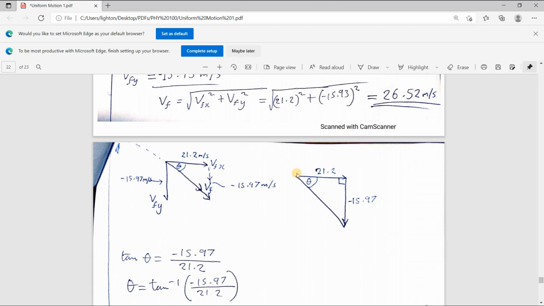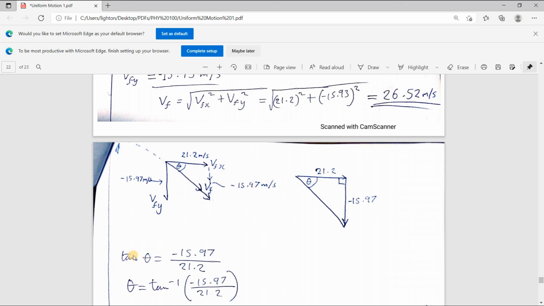This is the hypotenuse, this is the adjacent, this is the opposite, but we want this angle, which will show us the direction at impact. So now to find this angle, we are going to use tan theta using SOHCAHTOA. You know SOHCAHTOA, where we know that tan theta is just equal to opposite over adjacent.